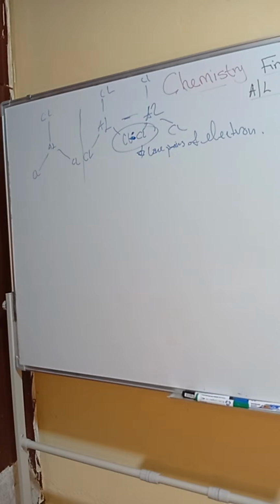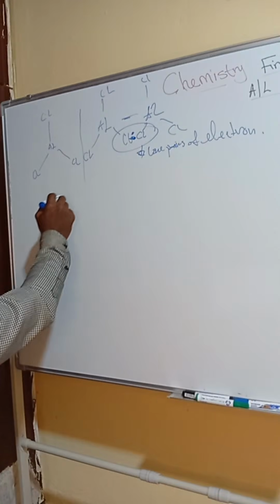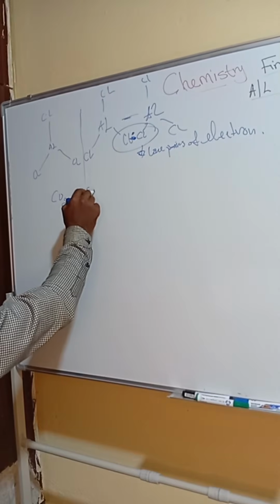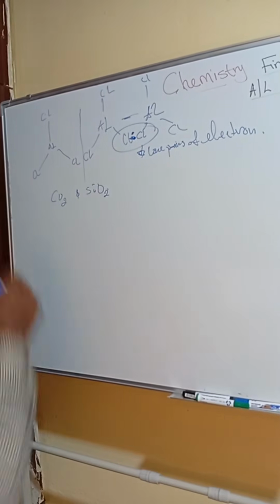Choose from the oxides two that are acid. You have carbon monoxide and silicon dioxide, carbon dioxide and silicon dioxide. The two that are acid are carbon dioxide and silicon dioxide.